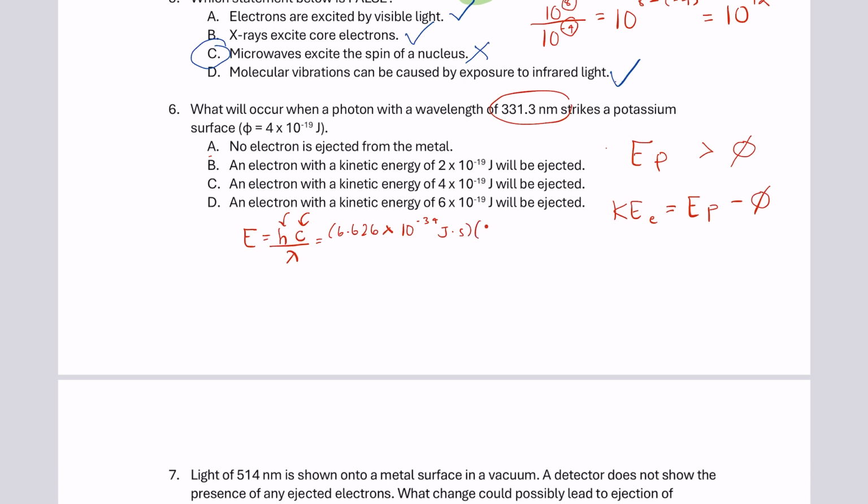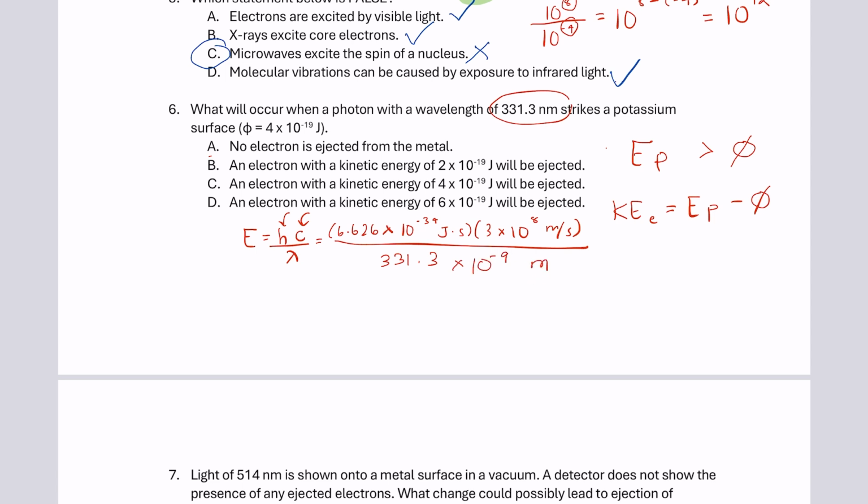The speed of light is equal to 3 times 10 to the 8 meters per second. And the wavelength is 331.3 nanometers. Now we want to go ahead and convert that to meters so all of the units properly cancel out. This is going to be equal to 331.3 times 10 to the minus 9 meters.